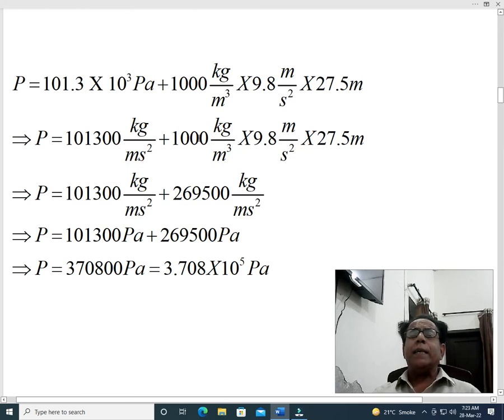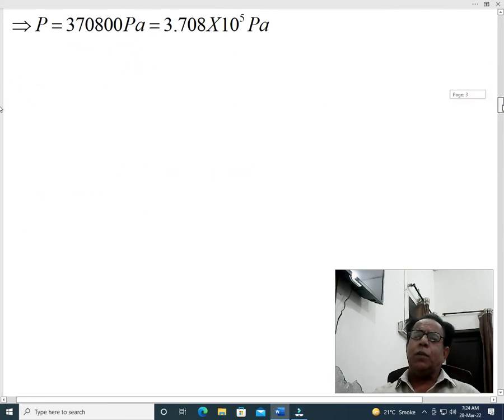So we can take this value as a common factor from both and add these two values while simplifying, and hence we get P equal to 370,800 Pascal, or alternatively we can write it as 3.708 into 10 raised to the power 5 Pascal, or we can also write it as 370.8 into 10 raised to the power 3 Pascal, that is kilopascal. So our part A is solved.